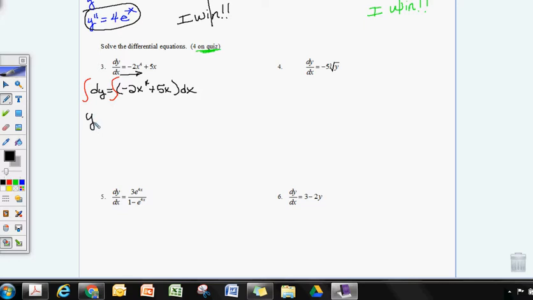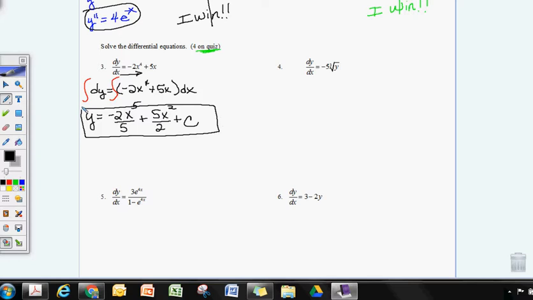So this becomes y equals, the negative 2 comes out in front, x to the 5th now. So I've got to divide that by 5 plus 5x squared. Got to divide that by 2 and then plus c. And looking to see if I could simplify anything else. I can't. So that's my answer.